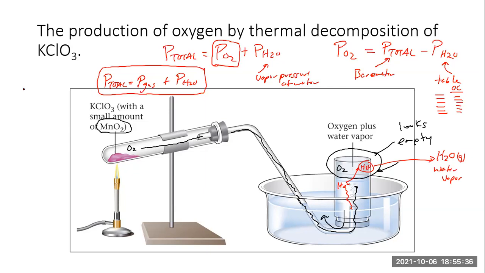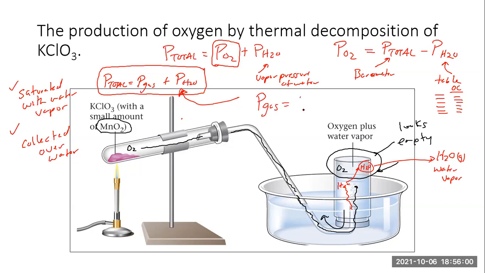It will sometimes say it was saturated with water vapor, or it may say it was collected over water. Either one of these terminologies means you need to use this equation and rearrange it into this equation to get the pressure of the dry gas.